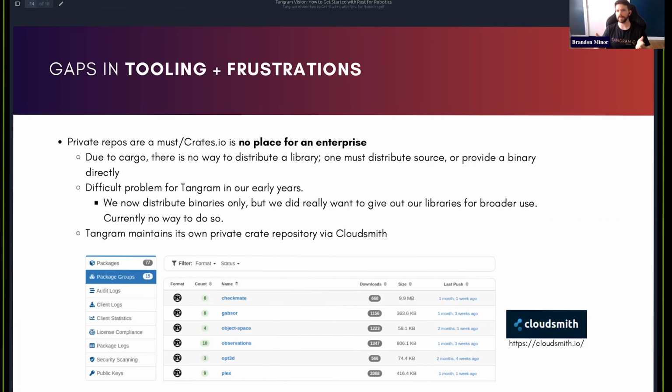And this allows us for much stronger versioning in our software in addition. So when we stick to semver religiously, it's really because we have a way to pull down the versions we know will work at a certain point. So when we put out a release and we flag a release, we can just say, these are the exact versions of the software you need. Go to Cloudsmith and look those up. This is exactly how crates.io works, to be fair, but we do it in a private way instead of public.